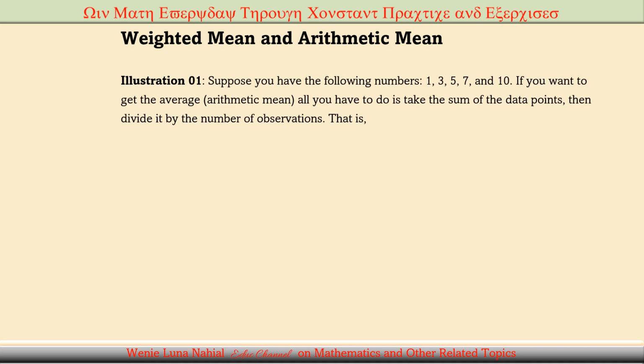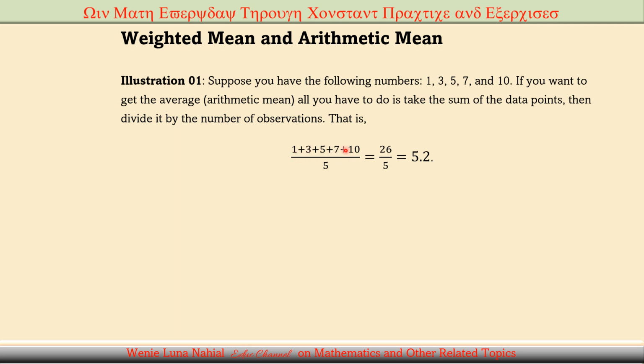Suppose you have the following numbers: 1, 3, 5, 7, and 10. If you want to get the average or the arithmetic mean, all you have to do is take the sum of the data points, then divide it by their number of observations. That is 1 plus 3 plus 5 plus 7 plus 10 divided by 5.